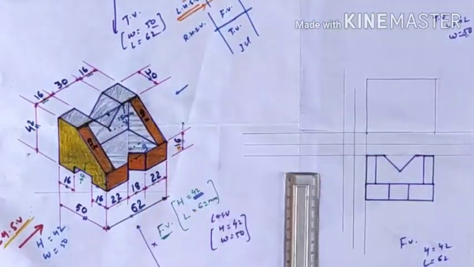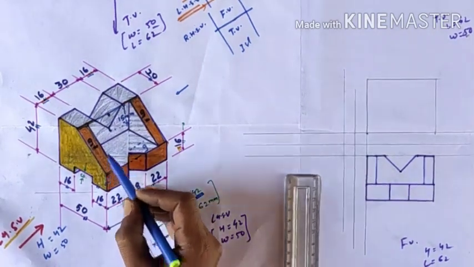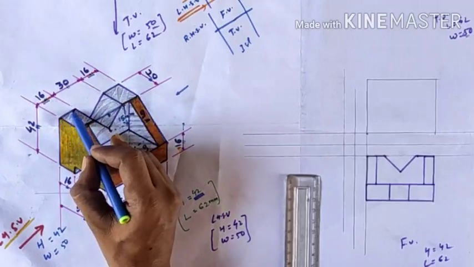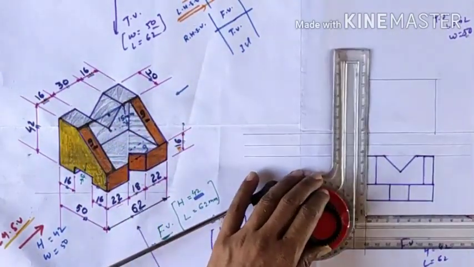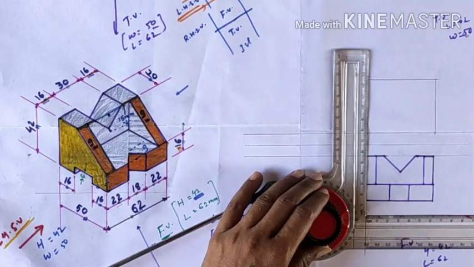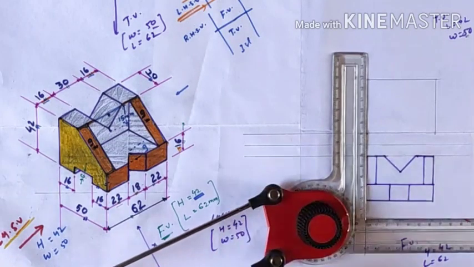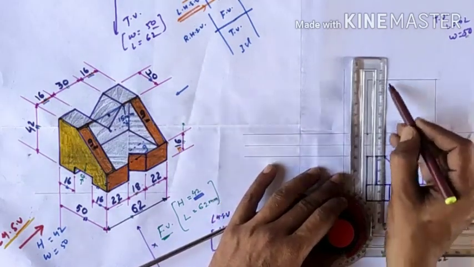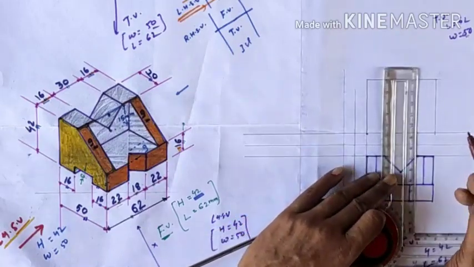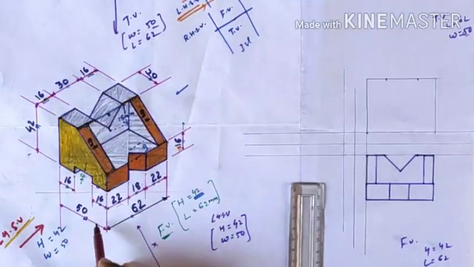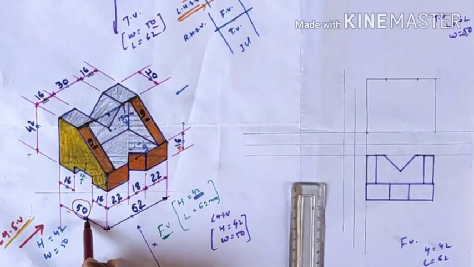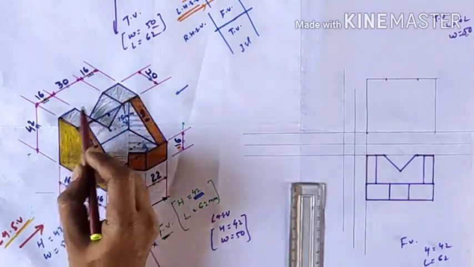Okay, now let's start from here. This is your 16 and this is your 20. This is also 16, we just tick it, and this is also 16, we tick it. Towards the width side, this is 50, and it goes 20 from both ends.